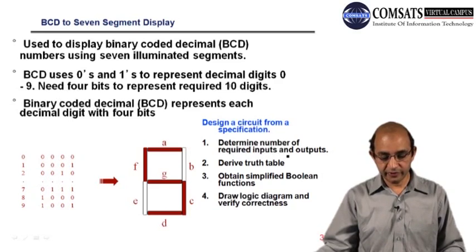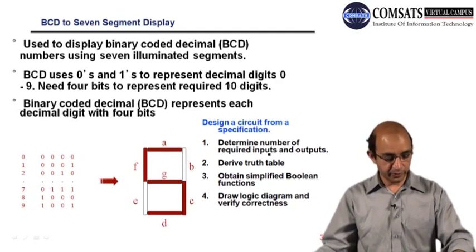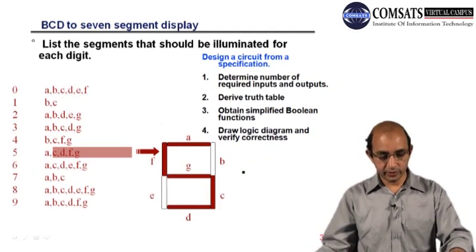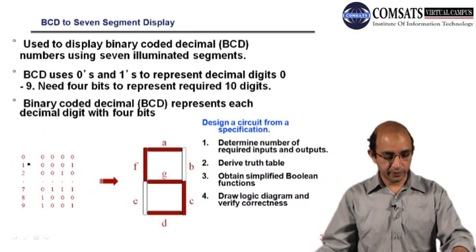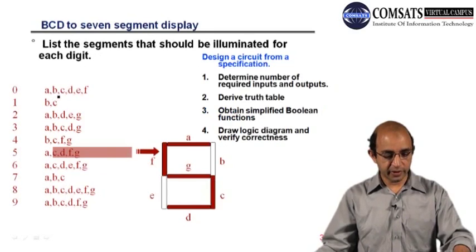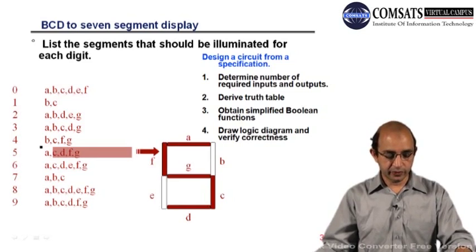So we have to specify the number of inputs and the number of outputs, right? You can see that for 0, A, B, C, D, E, F all have to turn on, except G. If you focus on 5, you can see that C is on, and D is also on, because there is an arrow.